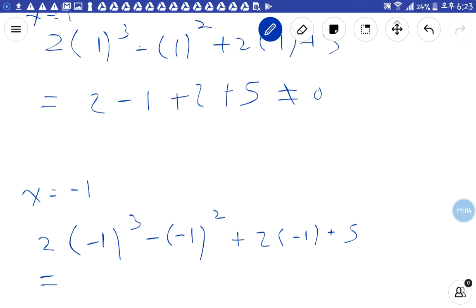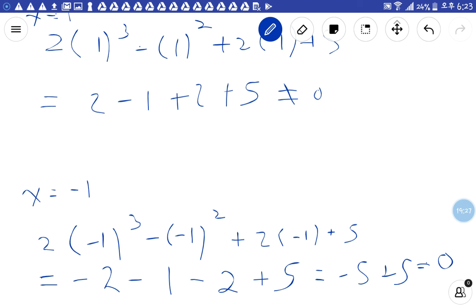Negative 1 cubed is negative 1, so I get negative 2. And then minus 1 minus 2 plus 5. Negative 2 minus 1 minus 2 is negative 5, plus 5. Yay! We got 0, right? So this is one of my answers.